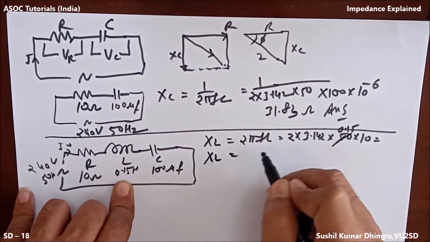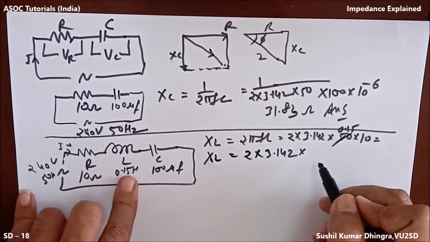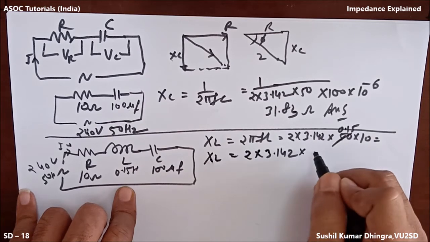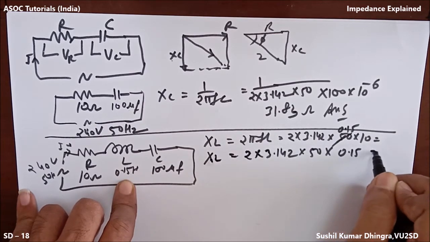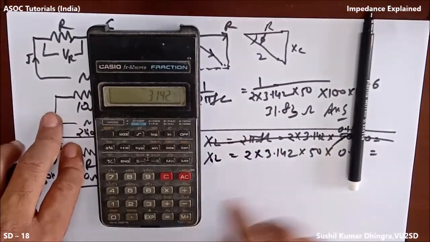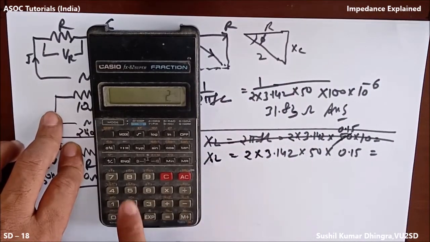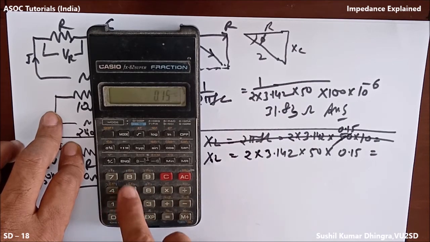XL is equal to 2 into 3.142 into 50 into 0.15.